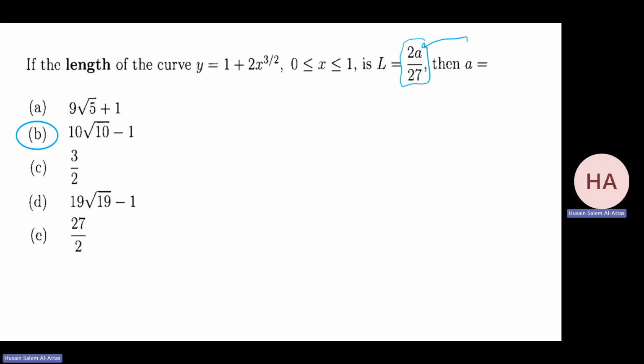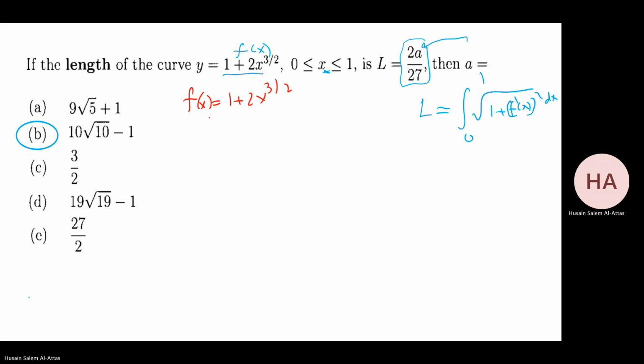Let me see what will be a. So the length will be from 0 to 1 in terms of x, and I have this is a function of x. So things are ready. Square root of 1 plus f prime of x all squared dx. Okay. So f of x is this.